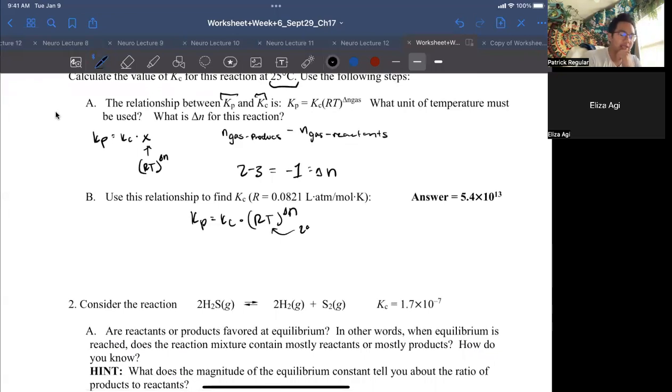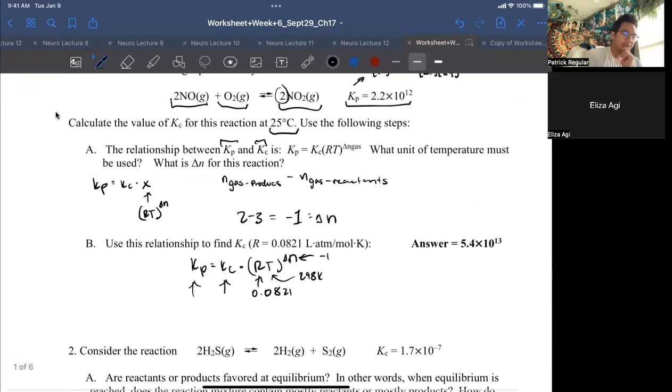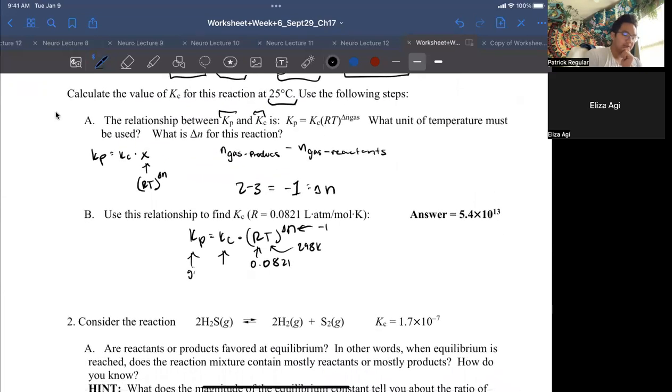That's going to be 298 Kelvin. R is going to be a constant, 0.0821, your gas constant. And you solve for delta N, which is -1. And now you just have two variables left. If you look up here, you're given one of them, right? So you only have one variable left and you just multiply it out.